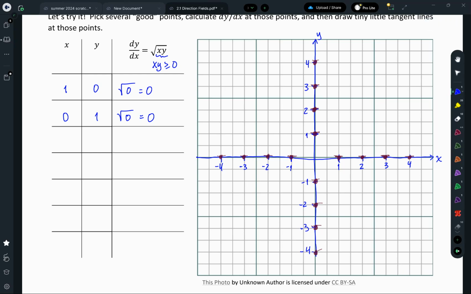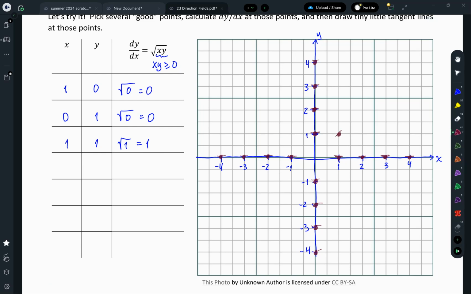Let's say that x is 1 and y is 1. It's kind of boring, but it's a good one to work with. We get the square root of 1, which is 1. So at the point 1, 1, which is right here, the slope is 1. Okay?